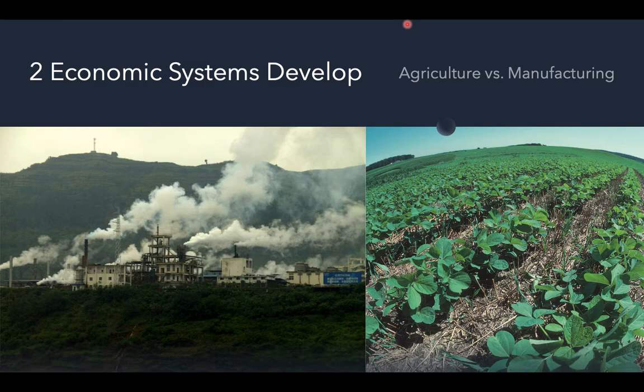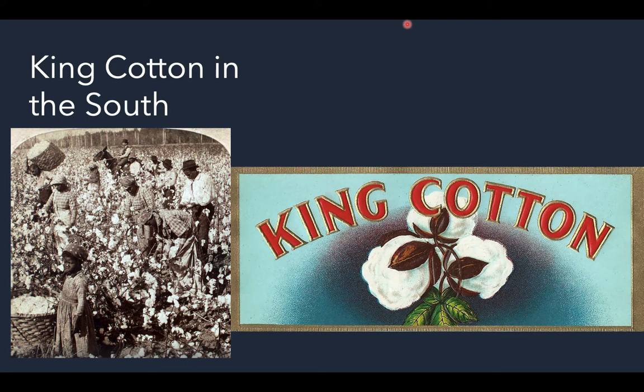But that was not the case in the South, where cotton was king. The South provided an ideal environment for a growing number of crops like cotton, and it wasn't extremely popular until Eli Whitney created his cotton gin, short for cotton engine, in 1793, which turns cotton into an extremely profitable crop for plantation owners.